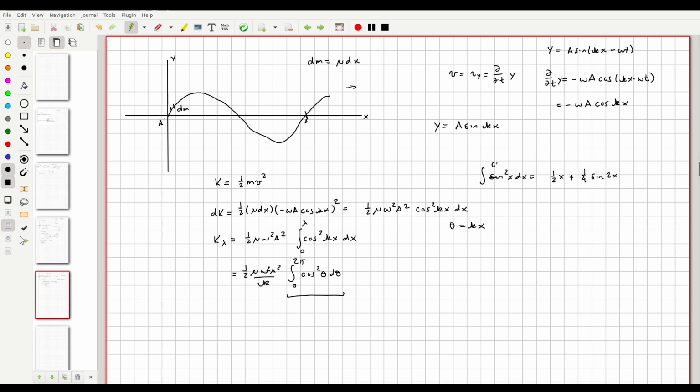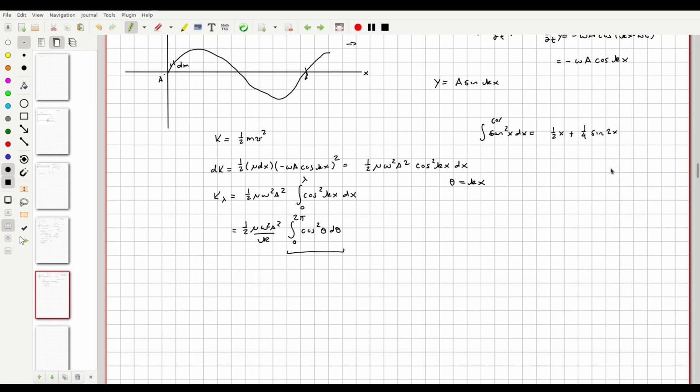So if this is a cosine, this is a plus. And so you're going to get the same answer, it turns out. This is pi when you do that. And when you plug in the fact that k is 2 pi over lambda, and you manipulate things around, again, you get 1/4 mu omega squared a squared times lambda.